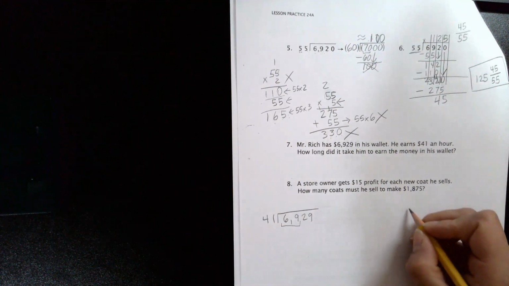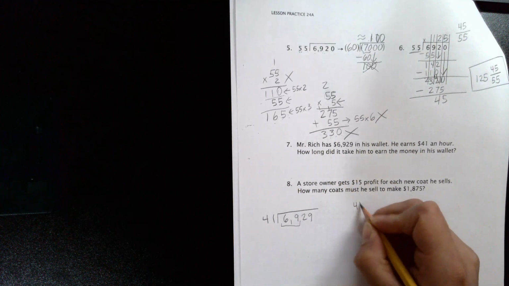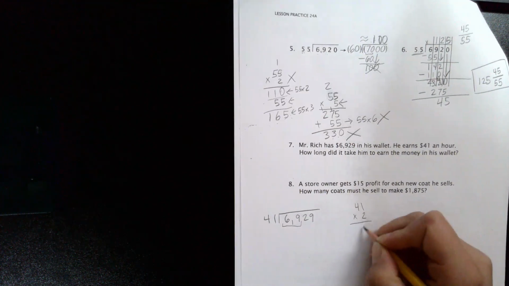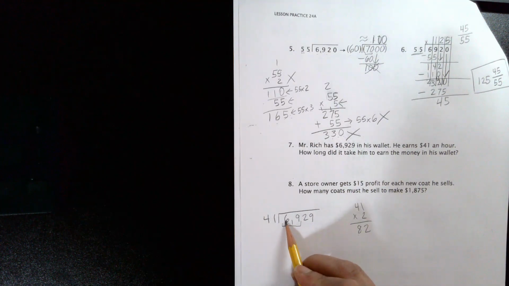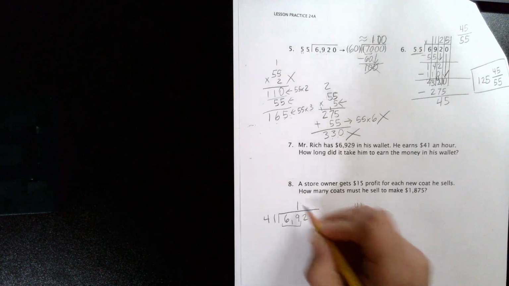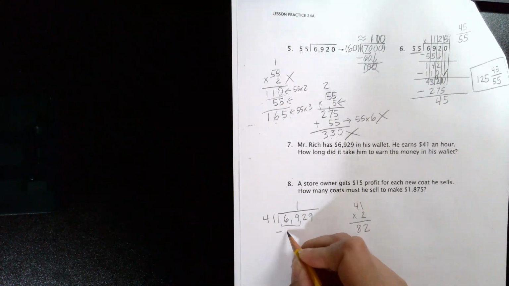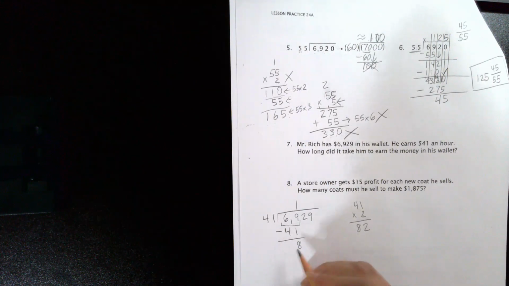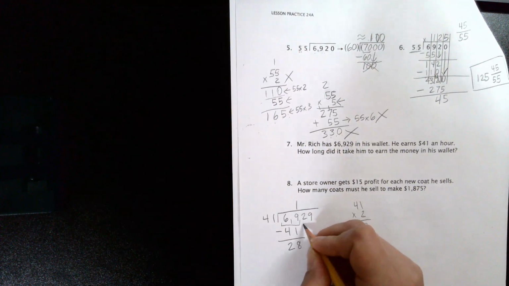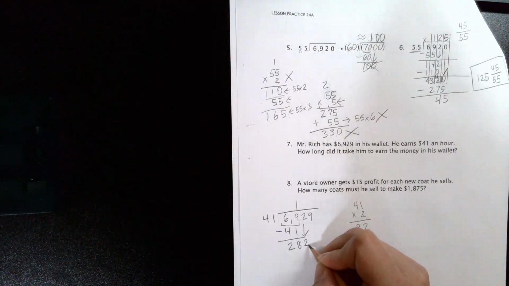So 41 times 2 would be 82, so that's way too much. So we can only put in there one time. So we do 1 minus 41, and that gives us 8. 6 minus 4 equals 2. And then we bring down our next number.